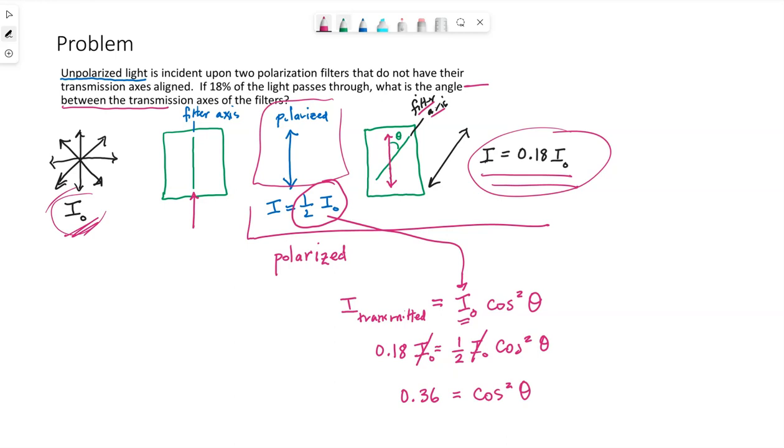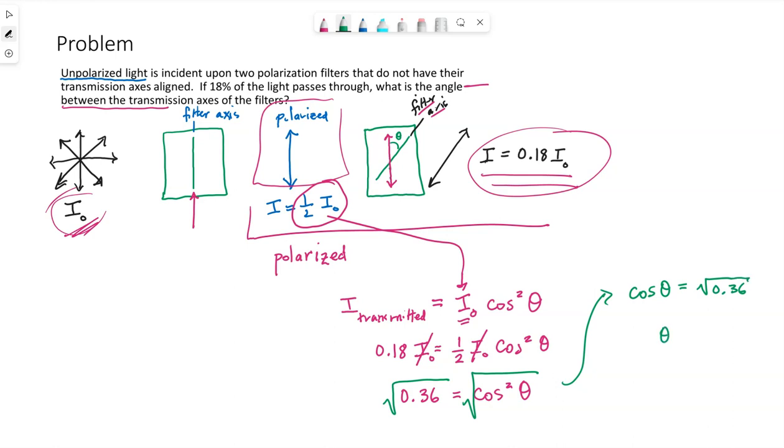Well, I need to get rid of the cosine squared first. So square root of both sides is going to leave me with cosine of theta equaling the square root of 0.36.